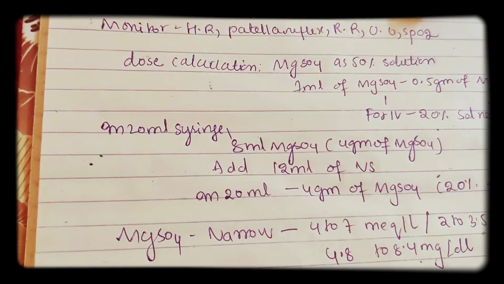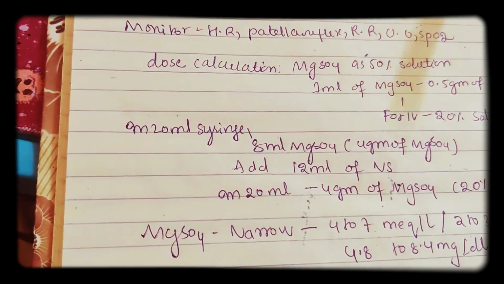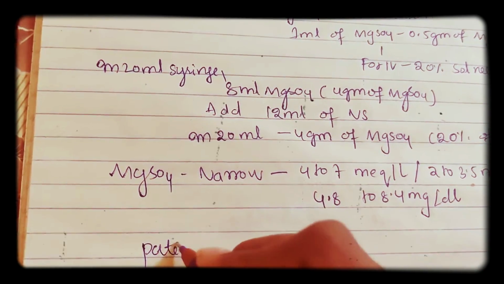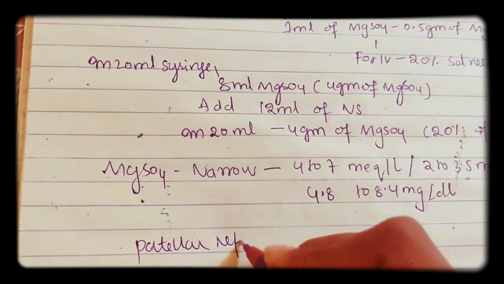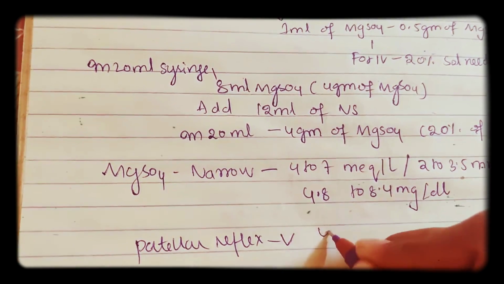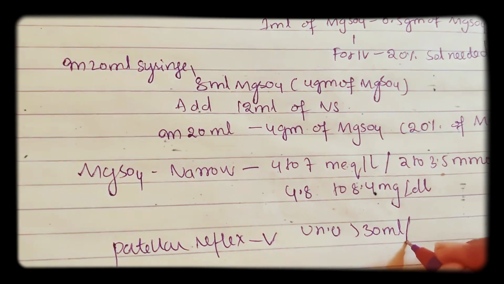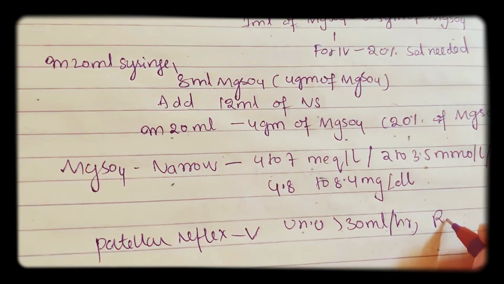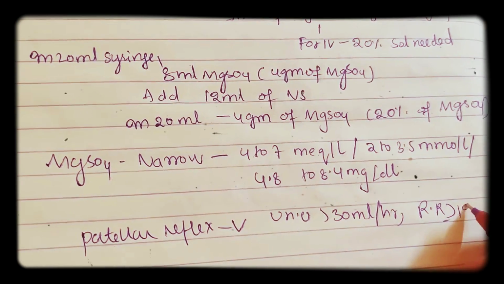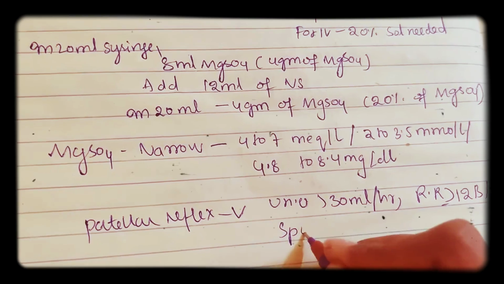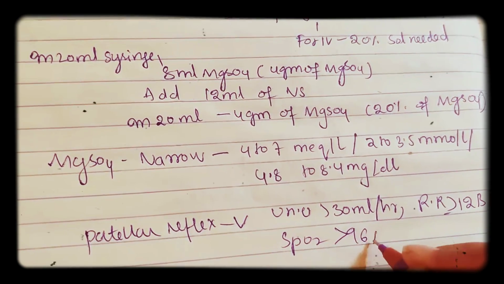Before each maintenance dose we need to always check the patellar reflex. The patellar reflex should be present, urine output greater than 30 milliliters per hour, respiratory rate greater than or equal to 12 breaths per minute, and SpO2 greater than 96%.